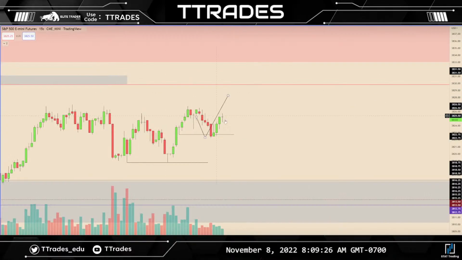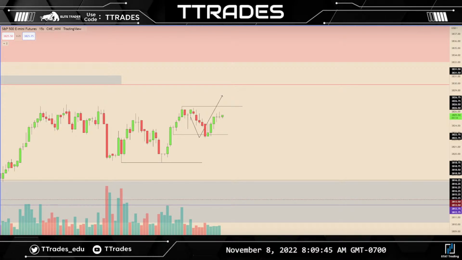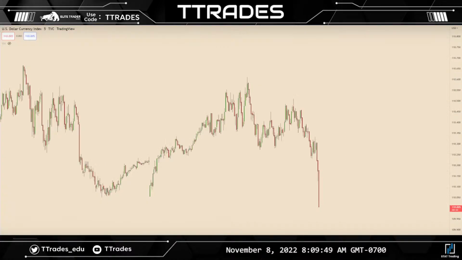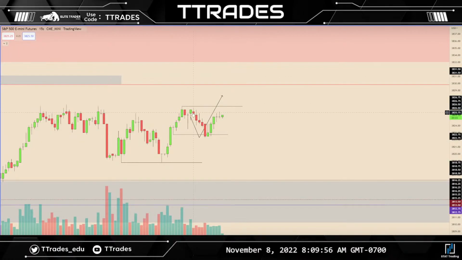So quick little prediction there. Might not reach up into it. Let's see what Dow does. That's kind of lame if it stops there.